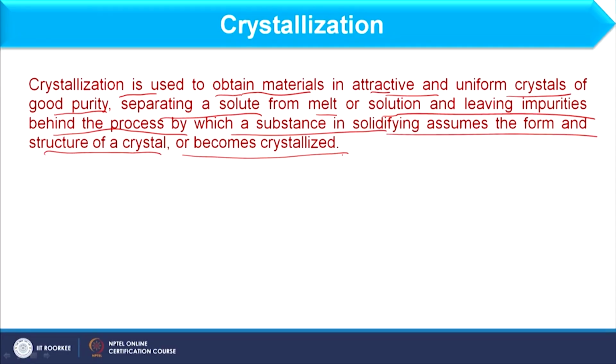So you see, when we have the solution, the product mainly consists of the solute which is available in the solution, right. So when that solute takes a definite shape of a particle, it leaves the solvent behind, okay, and we consider that solute is crystallized, right.